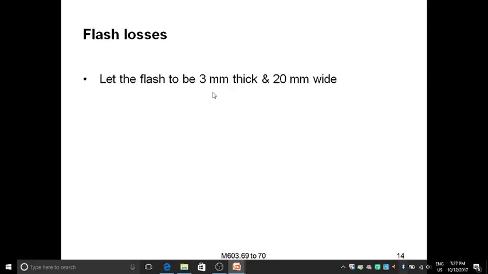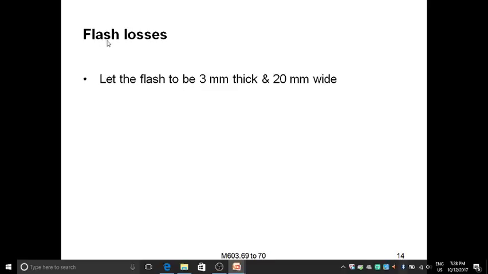Then you come to the flash losses. We have seen that a 3 mm thickness fin will be projected where the two dies meet. The billet will project around its perimeter as a fin, for a width of 20 mm and a thickness of 3 millimeters.